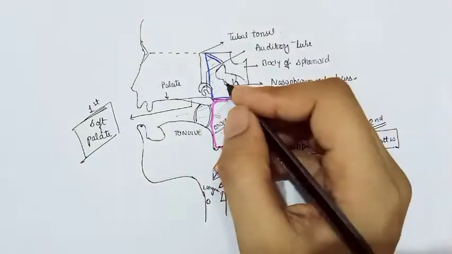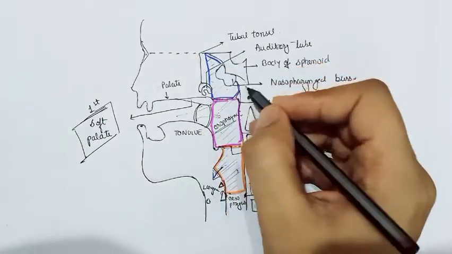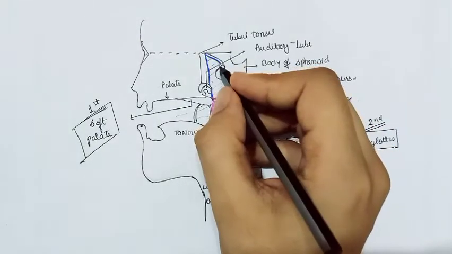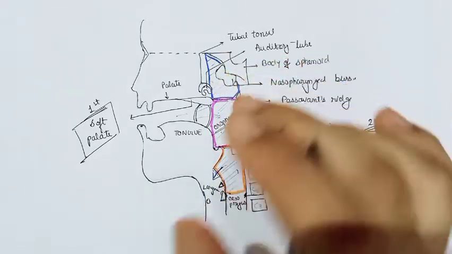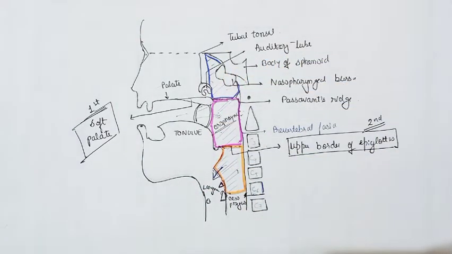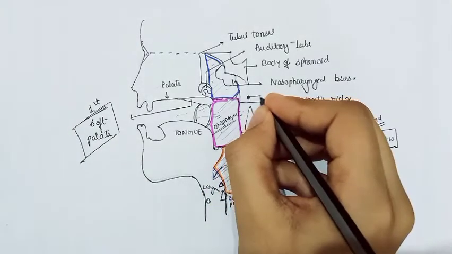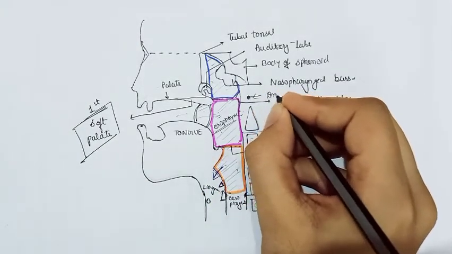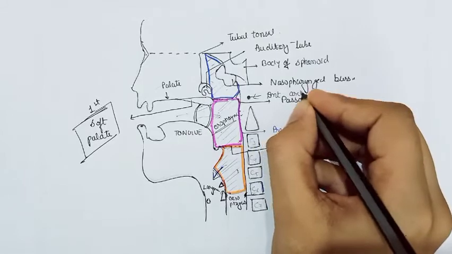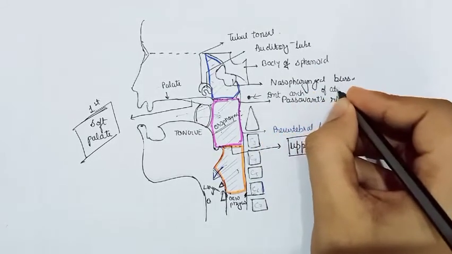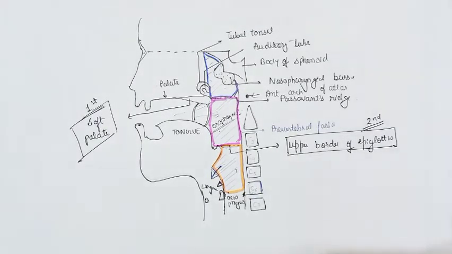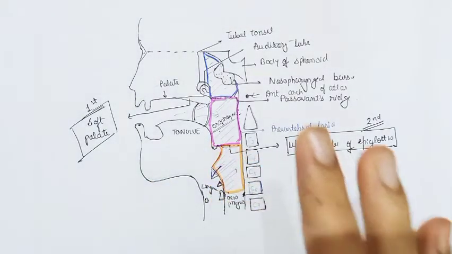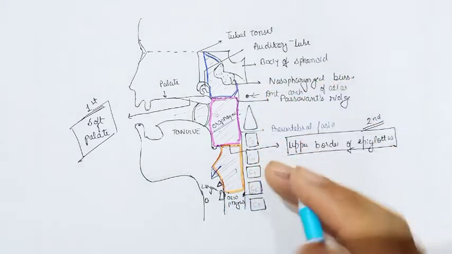So when you talk about the nasopharynx, what you can see on the posterior side is we have the body of the sphenoid, we have the basal occiput, that is the basal part of the occipital bone, and you can see a dot here, that is the anterior arch of atlas. So when you talk about the oropharynx, we have only two structures that constitute the posterior wall.